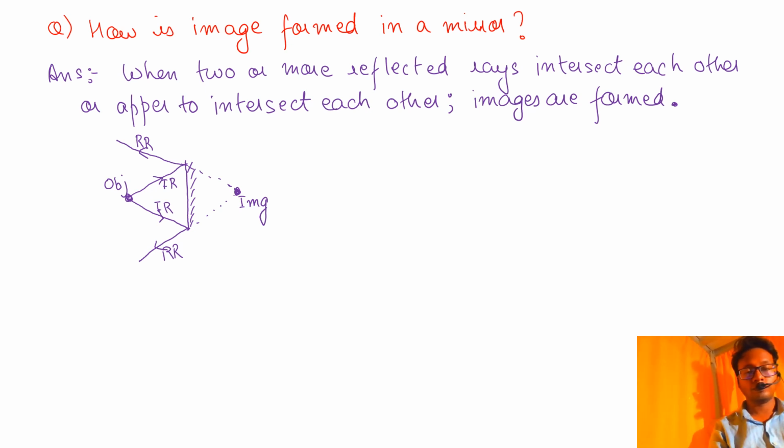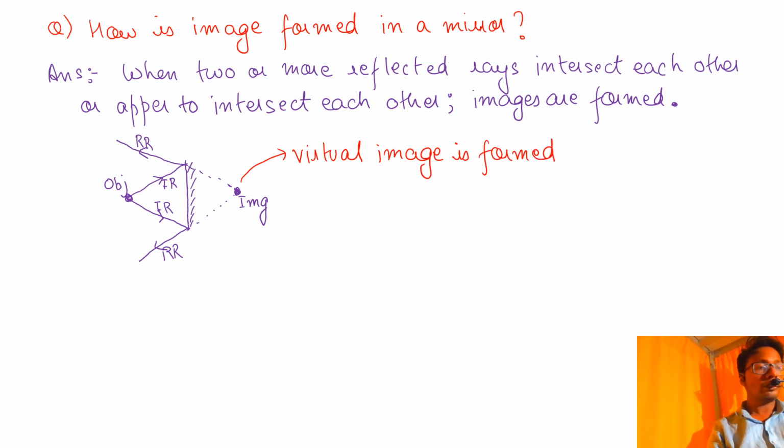Okay, so out here a virtual image is formed. Why? Because those light rays are virtual, which means the light rays are appearing to meet behind the mirror.